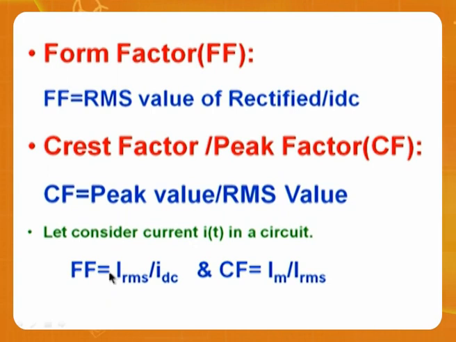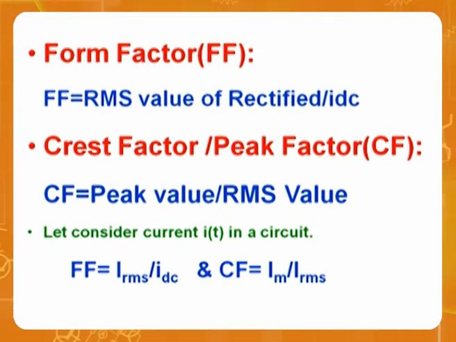Mathematically, I_RMS by I_DC is the form factor, and I_m, the maximum value, by I_RMS is the peak factor. So we can calculate the peak factor and form factor.